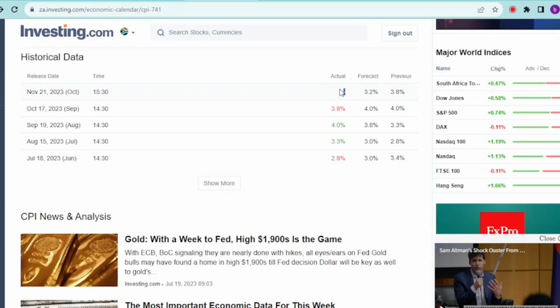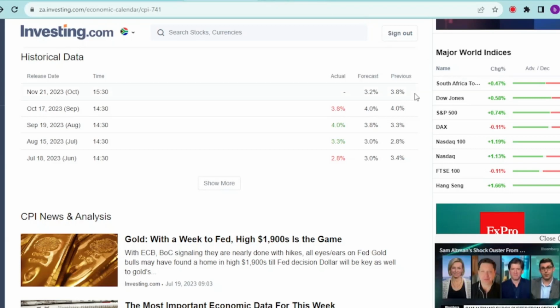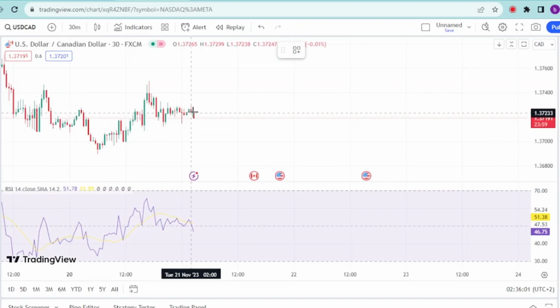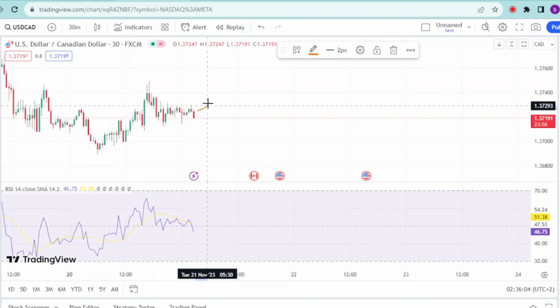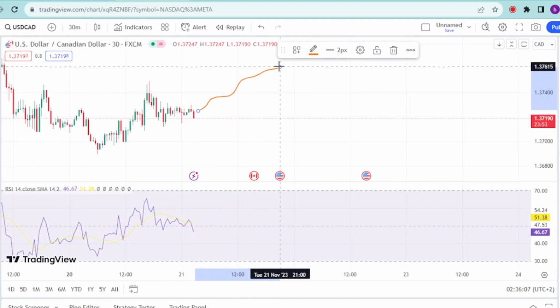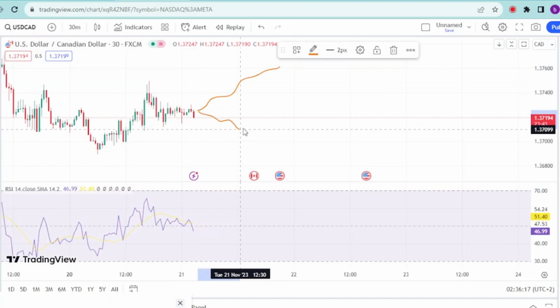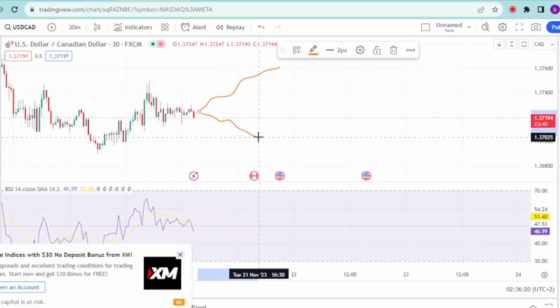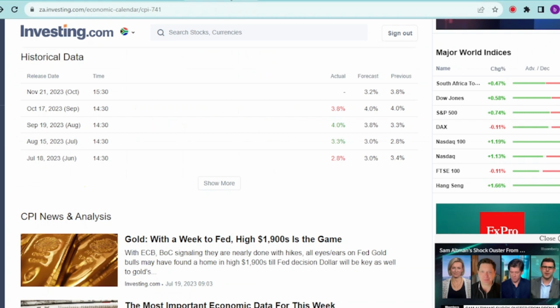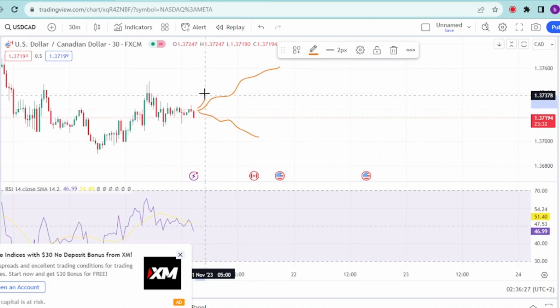If the actual matches the forecast, meaning they are the same at 3.2%, this currency pair would be bullish. But if it's higher, this would be bearish. And if it's lower than the forecast, this will also be bullish.